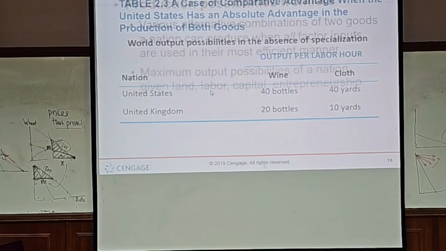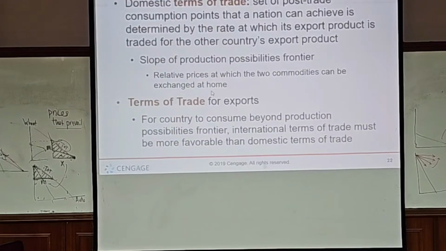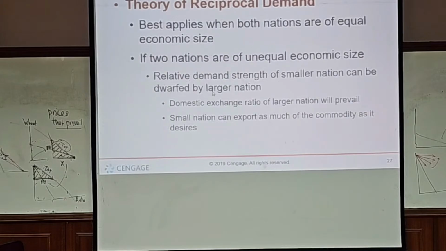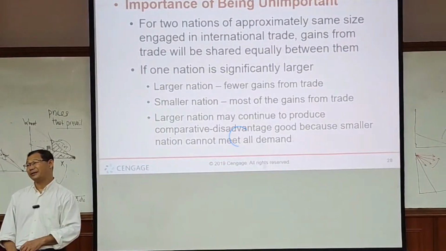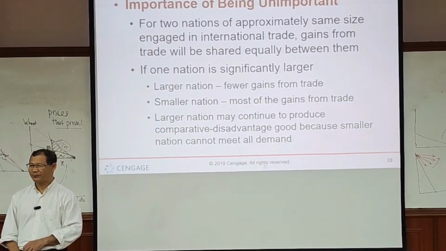This is the opposite of what we think. We always think big is better, but in this case small is better. That is under the topic of the importance of being unimportant, the beauty of being small: we will gain more from trade.